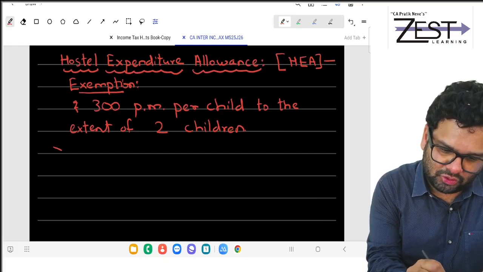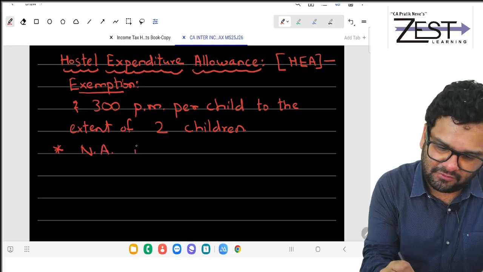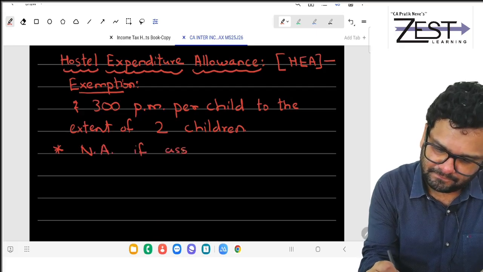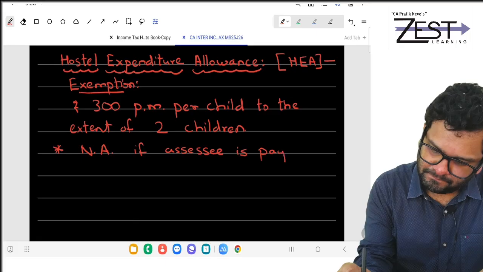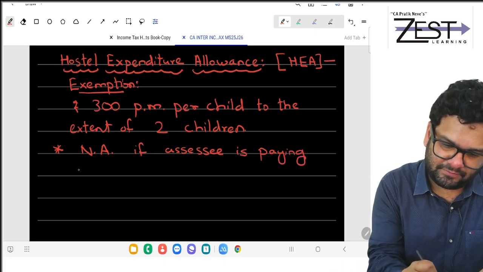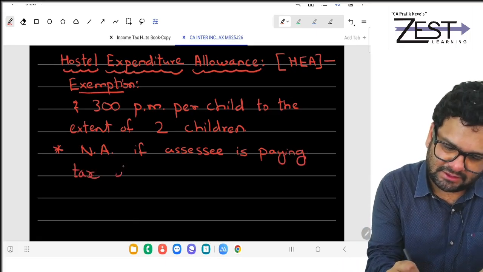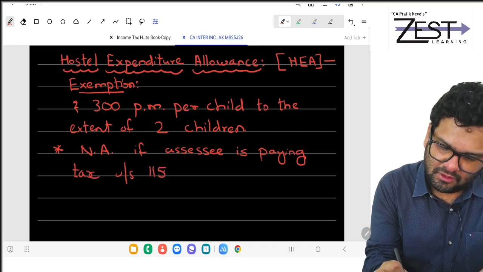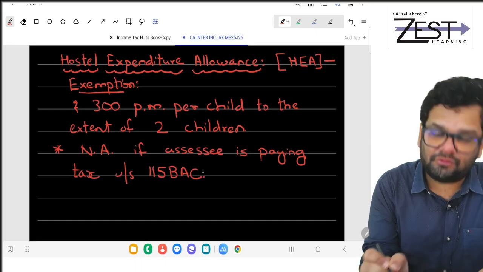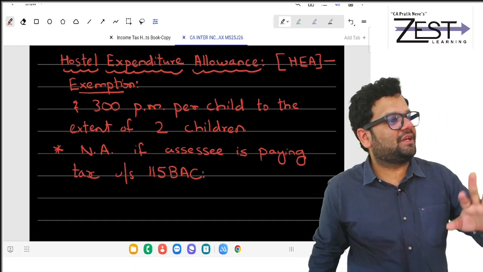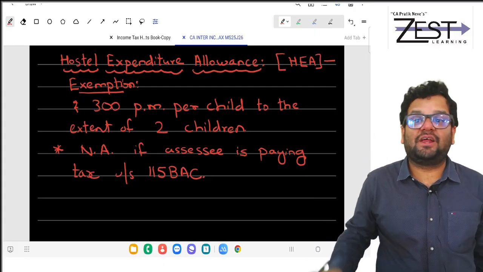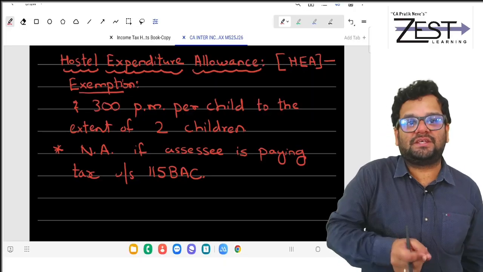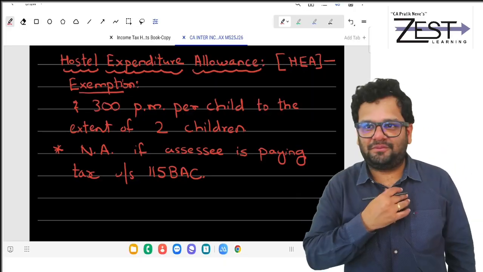Again, you should understand it is not applicable if the assessee is paying tax under section 115BAC. You should always keep on asking me, okay, that particular exemption or deduction, is it allowed if I am going for 115BAC? You should always keep on asking.